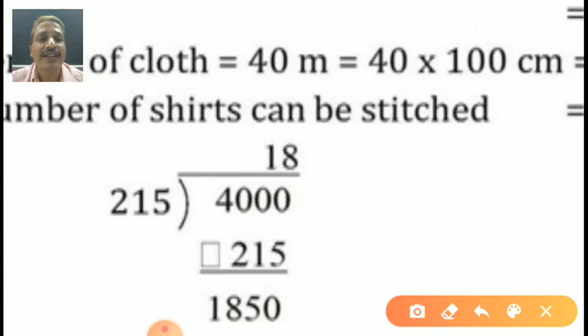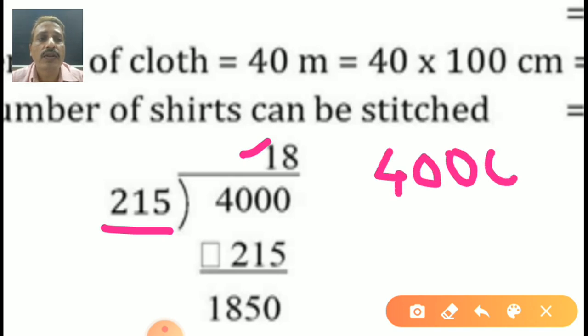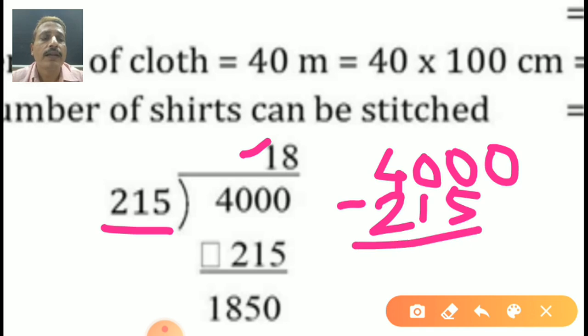Here is your division. You should have tried. Be careful. So 215 ones are 215. 1 will be here. 215 will be here. So students, here it is moving a little to the left side. So actually 215 will be written here like this. Good. Now 0 minus 5 is not possible.